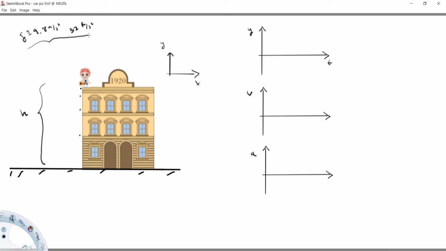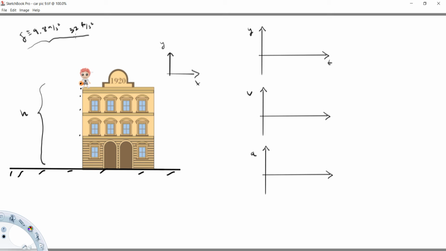So if you were to drop a beach ball, something that's really large and has a lot of surface area, air drag would be too big a factor. Its acceleration wouldn't be near this, or a tissue paper, things of this nature. But as long as we're talking about a rock or a cell phone or your keys, something that's reasonably heavy compared to its surface area, the numerical value of the acceleration, pretty well anywhere on the surface of the Earth, will be one of these two numbers until that object reaches a speed where air drag is significant, but I'll save that for another video.